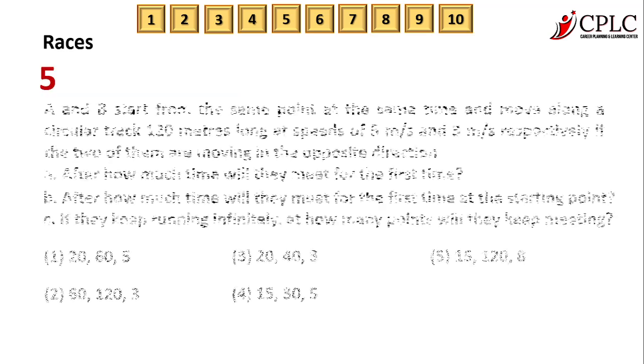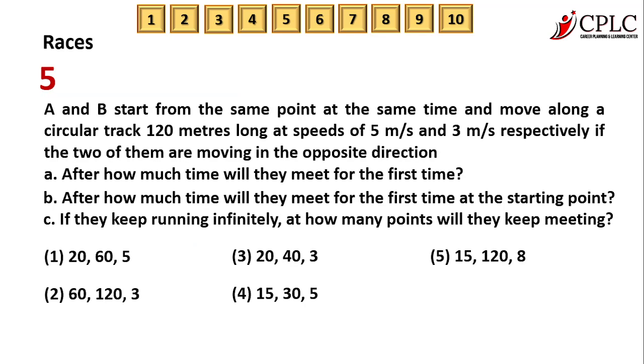Let's look at the fifth one, which says A and B start from the same point at the same time, move along a circular track of 120 meters, speeds are 5 and 3 meters per second respectively, and the two of them are moving in the opposite direction. So right now they are going in opposite directions and the same three questions are asked.